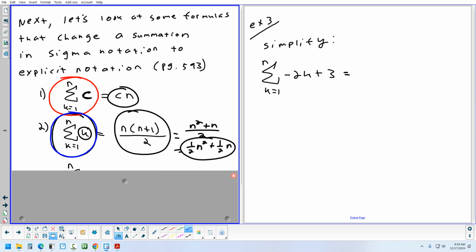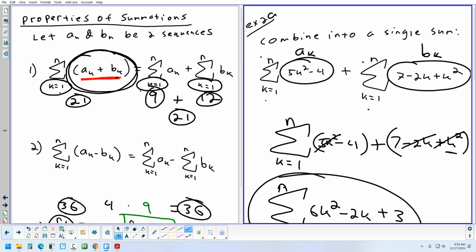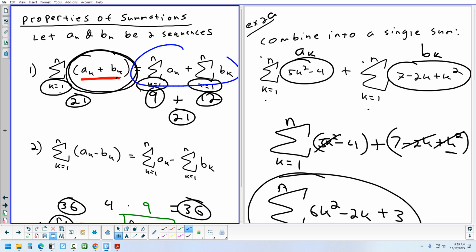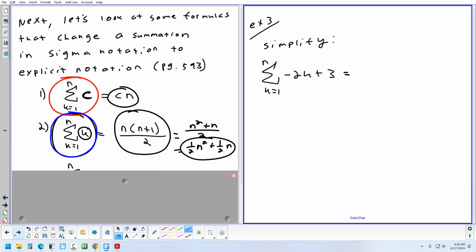So what we have to do with that is take that sigma and break it apart into 2 sigmas, just like that. So we're going to take what's all combined, we're going to separate it. Where we're going to separate it is right at that plus sign. So we're going to make a plus sign, and now we're going to write down 2 separate sigmas.